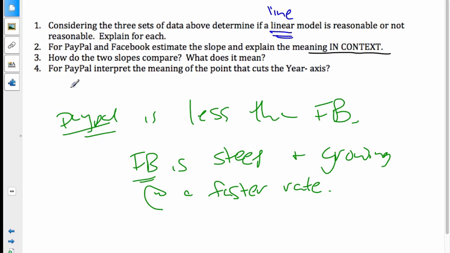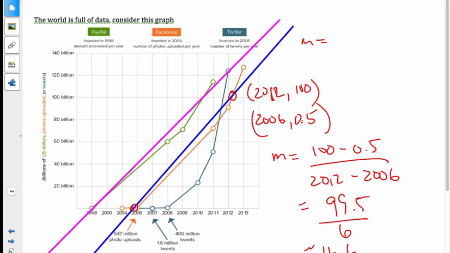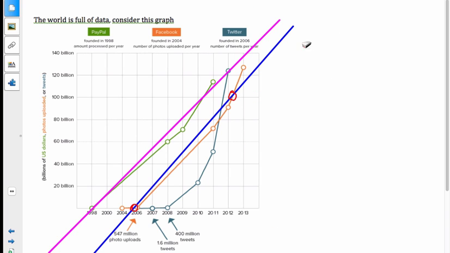All right, and finally, last question. For the PayPal, interpret the meaning of the point that cuts the year axis. That's the horizontal axis in this case. Indeed. So let's get rid of these calculations here. It's talking about what this value here means where it cuts the axis.